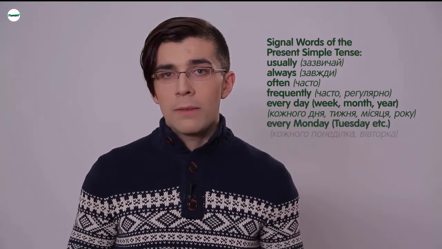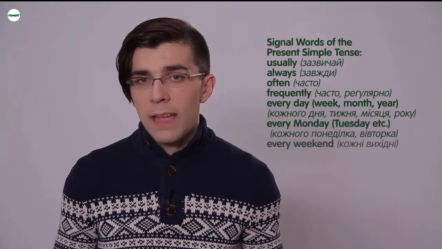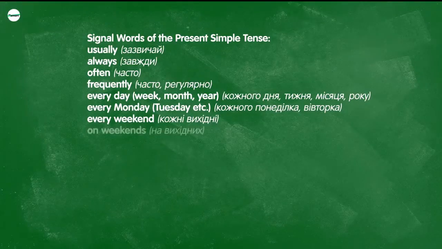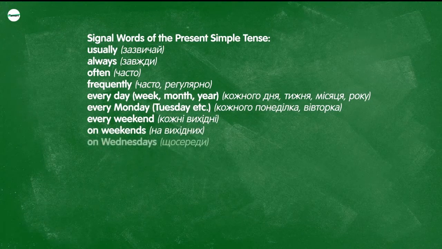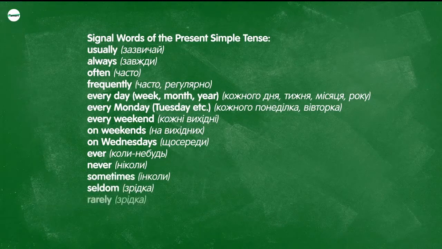For example, every Monday, every Tuesday, every weekend, every month, every anything. But as long as you see every, or, for example, phrases like on weekends or on Wednesdays, or other phrases like ever, never, sometimes, seldom, rarely, or even daily, we will use the present simple tense.